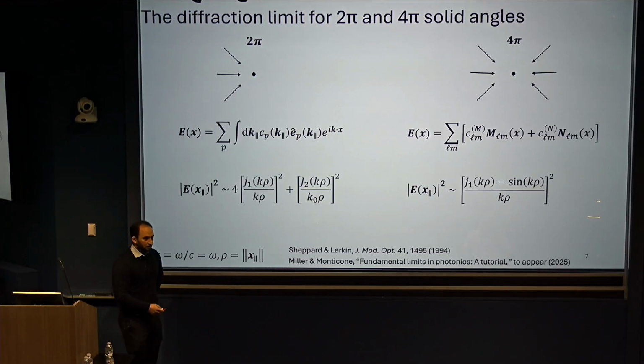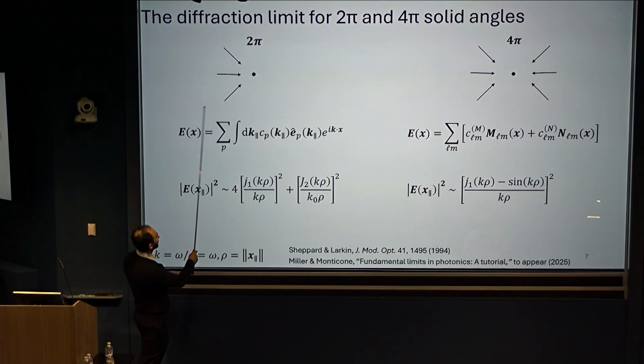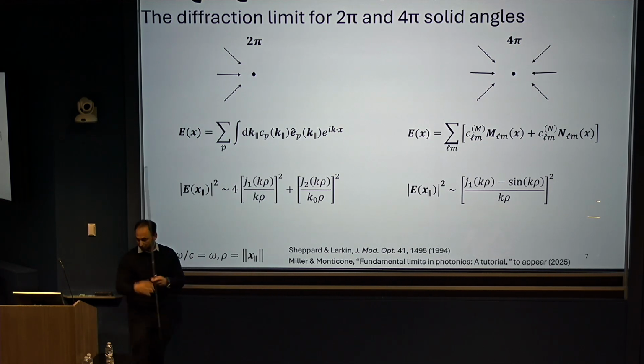You can also work out, away from the paraxial limit, what is the largest intensity that one can produce at the origin. Two interesting cases might be if you have access to an aperture of 2 pi, so you're coming from the hemisphere and trying to focus light to a point with band-limited waves, or maybe you have access to the full 4 pi aperture and you send in light.